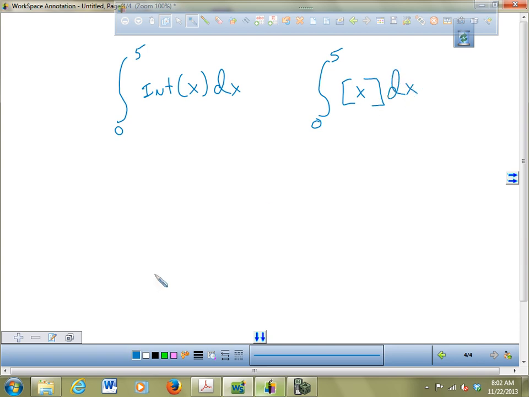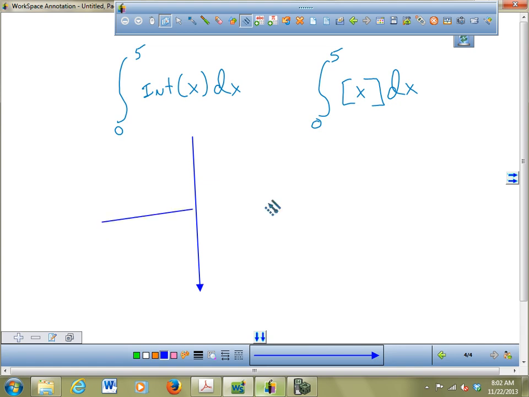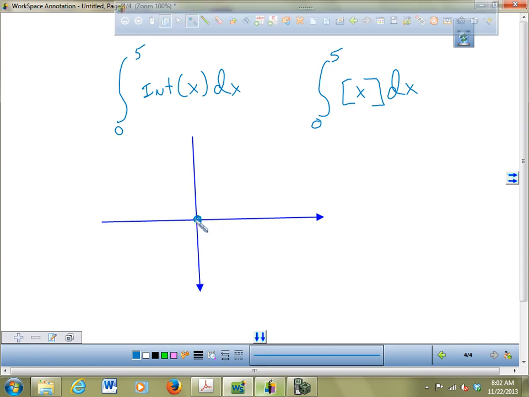You should be kind of familiar with that because they like that one because it has discontinuities and stuff. And so if you graph that greatest integer function, it goes like this, and then it jumps at every integer.